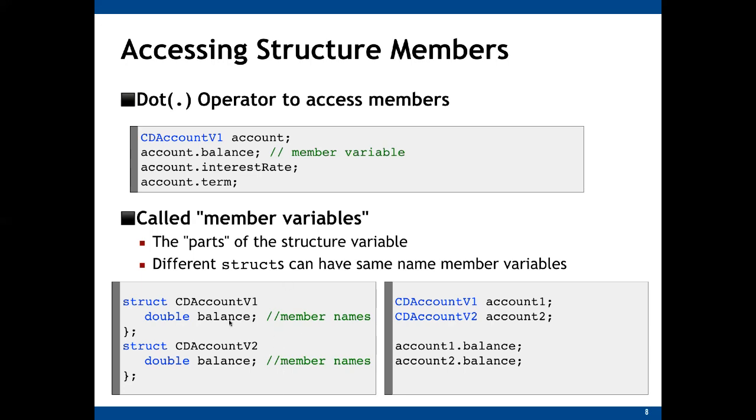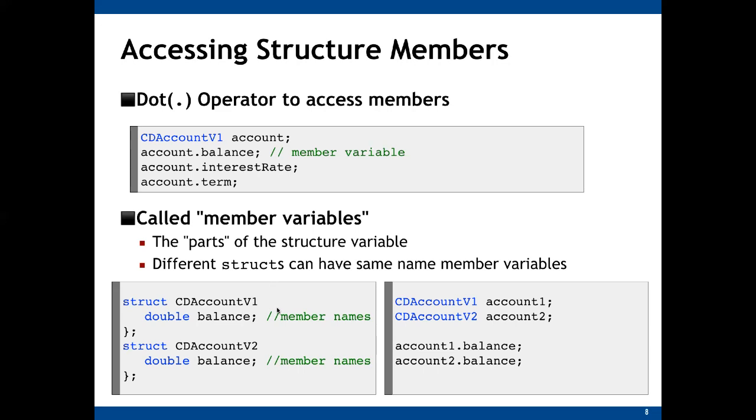We can give the same name to 2 different members if they are in different structures. Here, these 2 members named balance are in different structures. One is in CDAccountV1 and the other one is in CDAccountV2. So this is syntactically correct in C++.